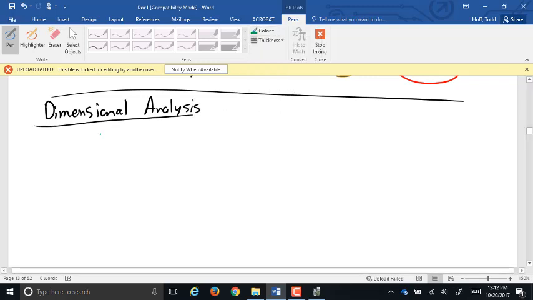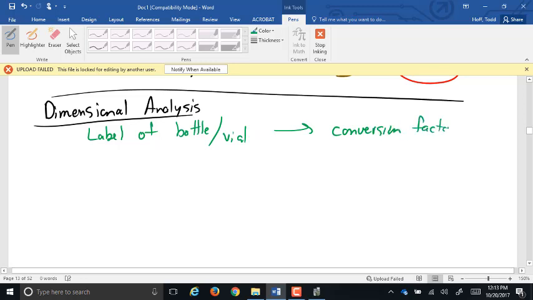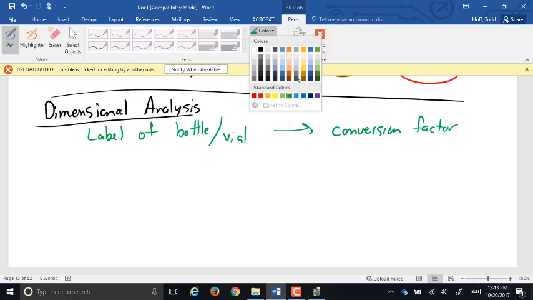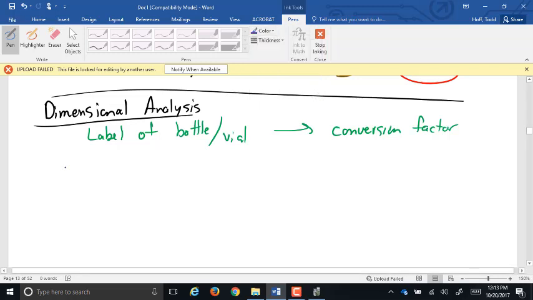The key to dimensional analysis is that the label of the bottle or vial basically becomes a conversion factor. We will start with the doctor's order and convert it into what we need to administer to the patient.